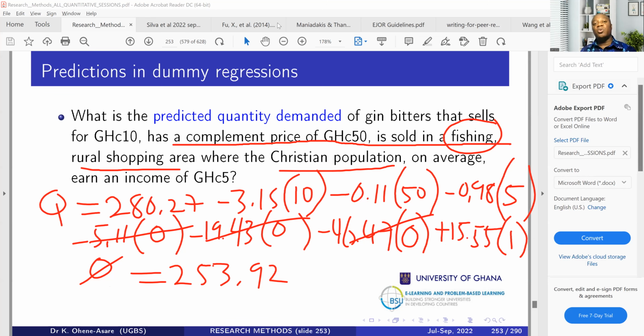That is how it works. So every dummy that is in the story, any other one that is not that dummy must be 0. And any other one that is that dummy must be 1. So that is how you actually assign 0 and 1 for the dummies.